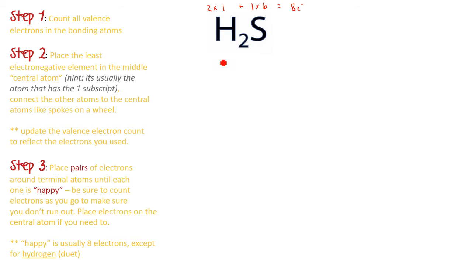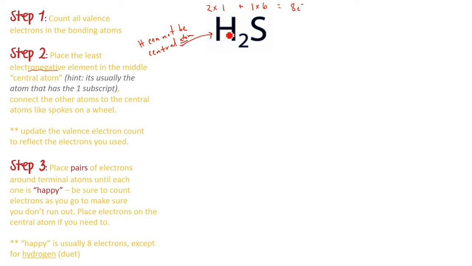Now, following the electronegativity rule, hydrogen has a lower electronegativity than sulfur, I think, although I don't have a periodic table in front of me, so I'm not sure. But as a general rule, hydrogen can never go in the middle. He cannot be a central atom, because he can only hold 2 electrons, right?